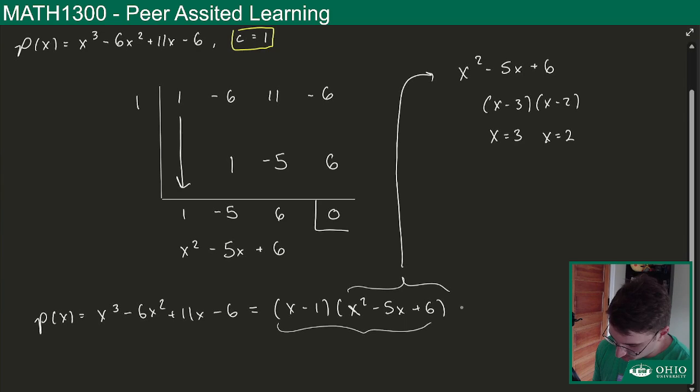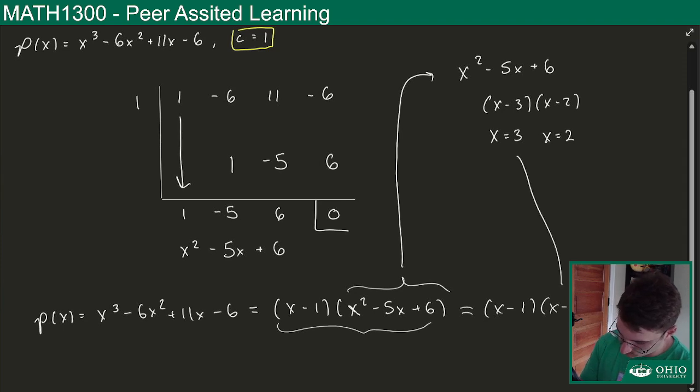And you'll notice if I put this back into my equation, we can see that we can fully factor out the original polynomial into this form.